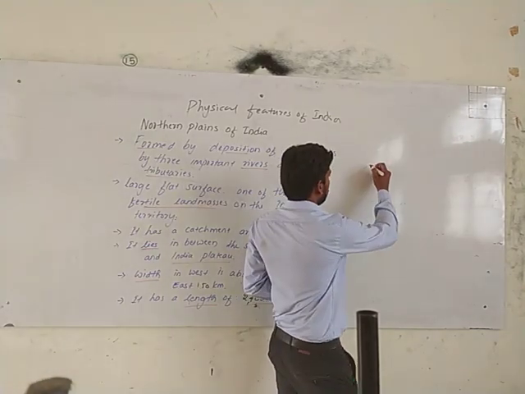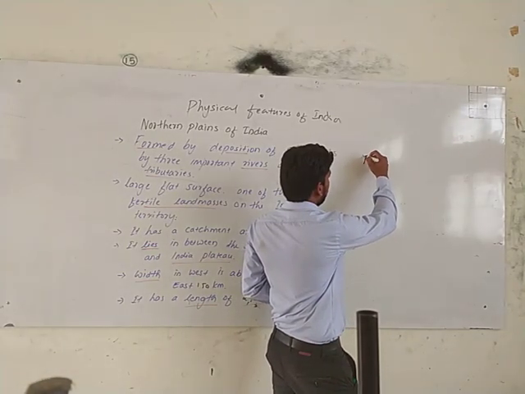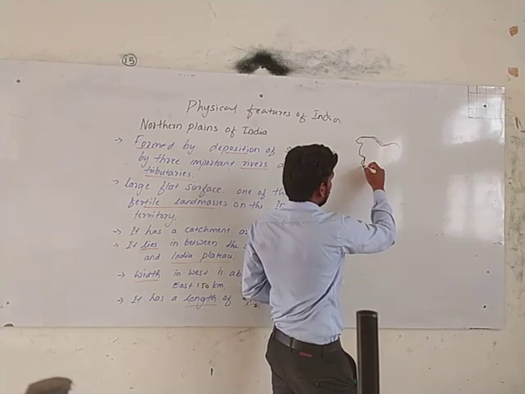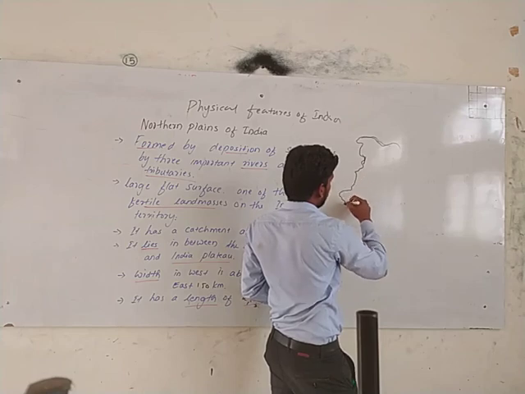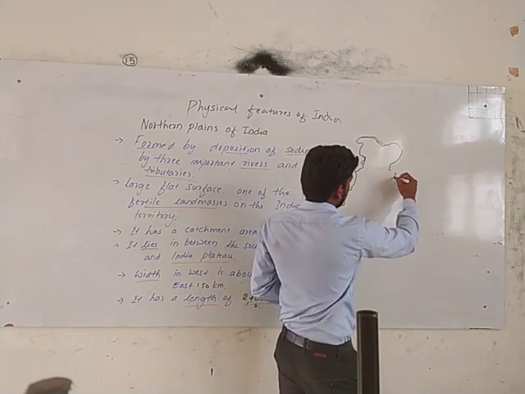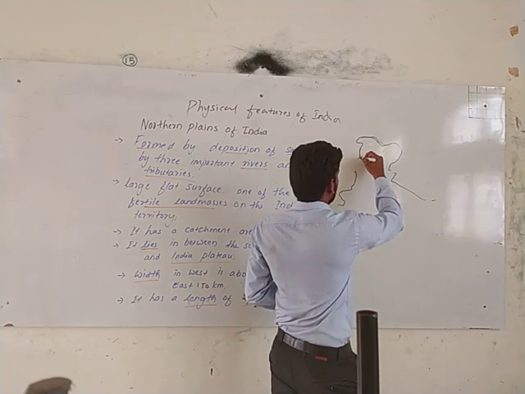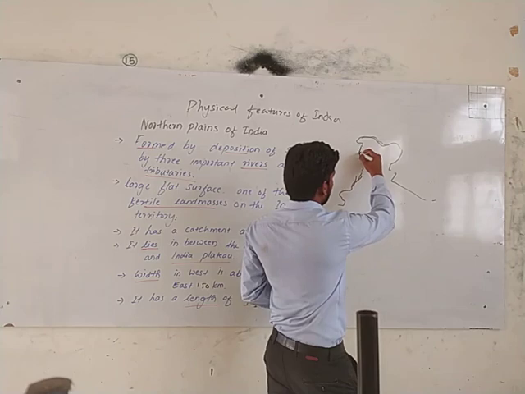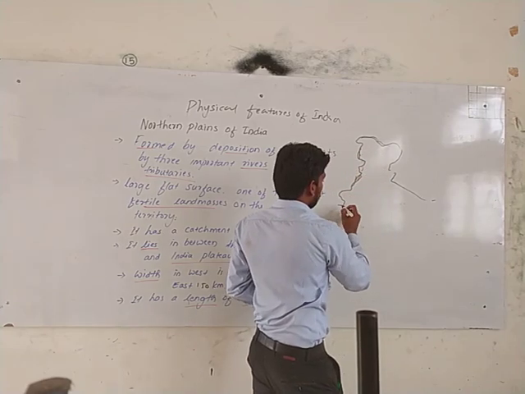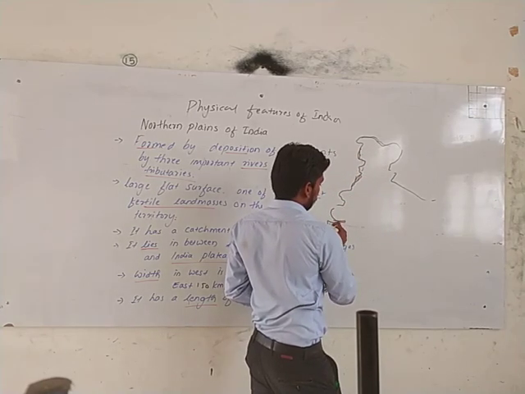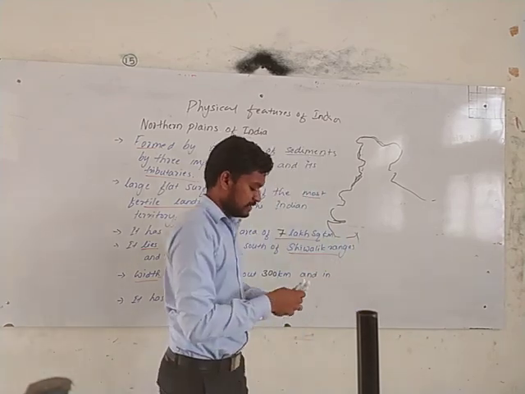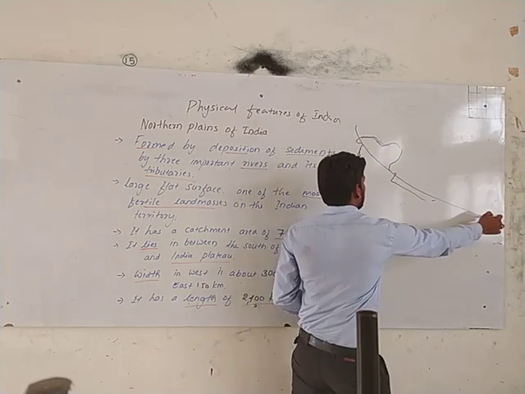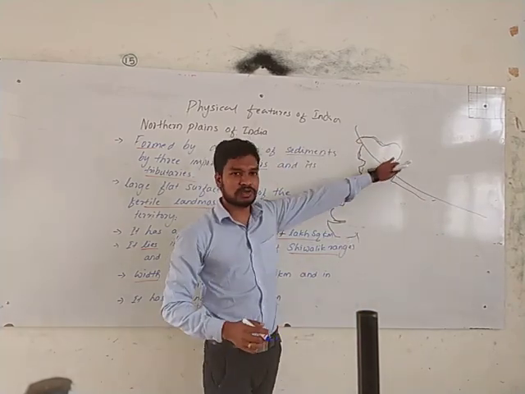Here we have the Himalayan mountain ranges. Suppose this is Indian land. Here we discuss the Himalayan mountain ranges. They end over here, and the northern plain starts from the south of the Shivalik ranges.